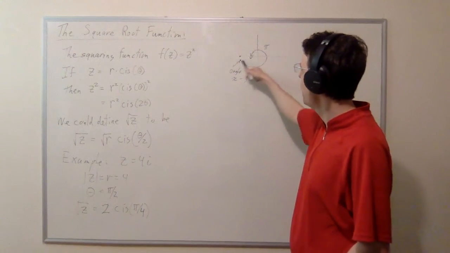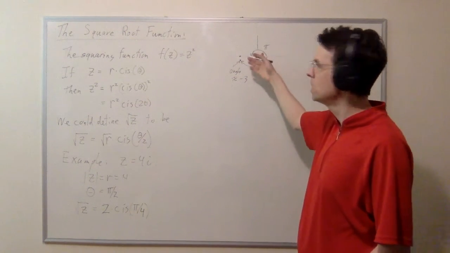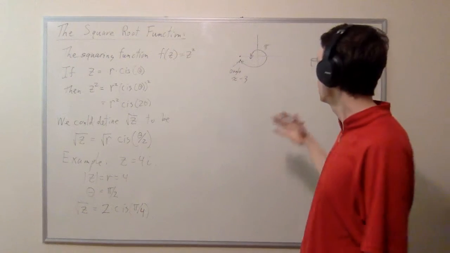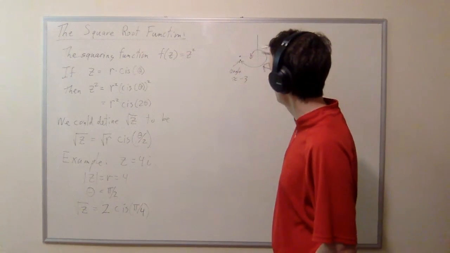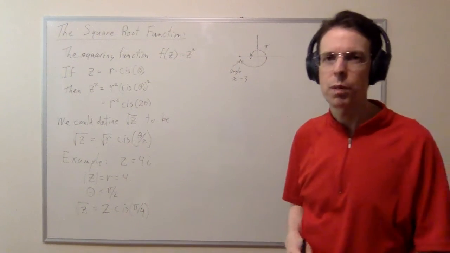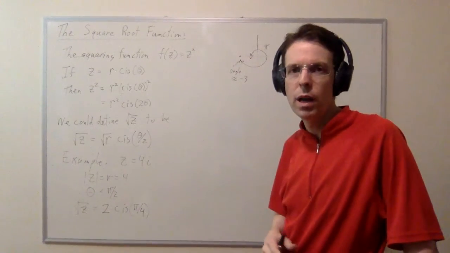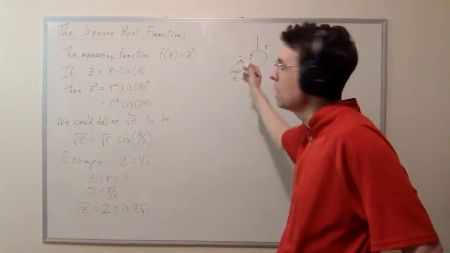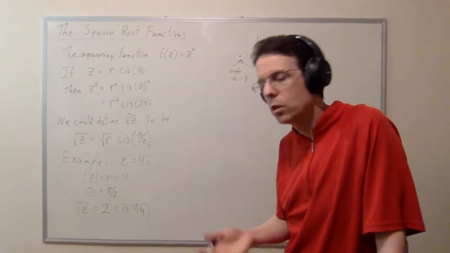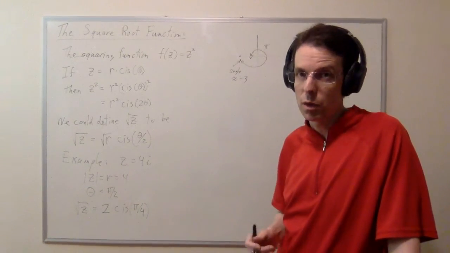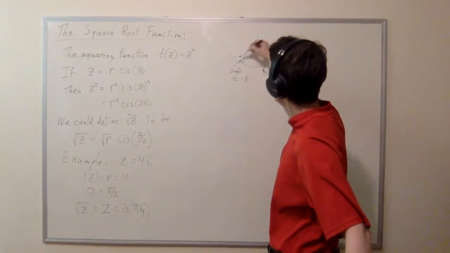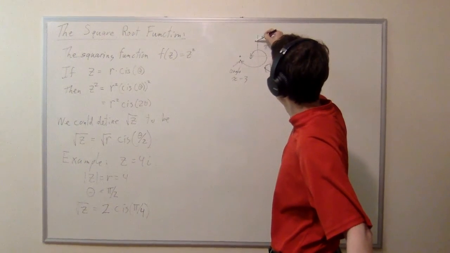Now it doesn't seem to matter whether we take an angle to be slightly more than pi versus just barely almost negative pi. It doesn't seem to make much difference because we get the same point. But by the time we take that angle and divide it by 2, then it will have made a difference, right? If we have an angle which is slightly more than pi and divide it by 2, it will be here.